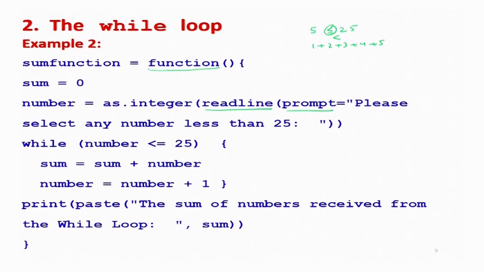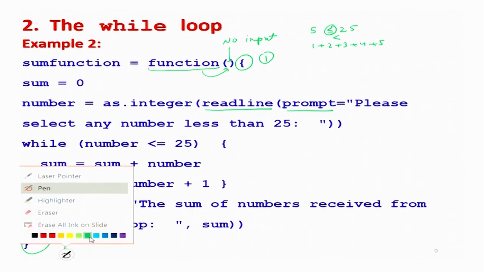Okay, so I write down a function here, and there is no input because I am asking for the input inside the program. So, I can leave it blank, but I have to give the parentheses, and whatever I want to write I write inside curly bracket number 1.